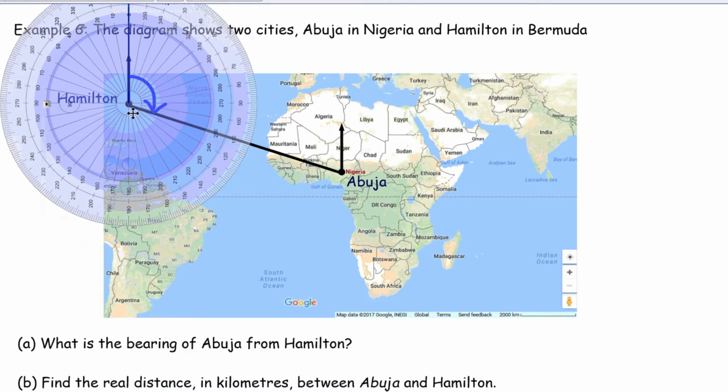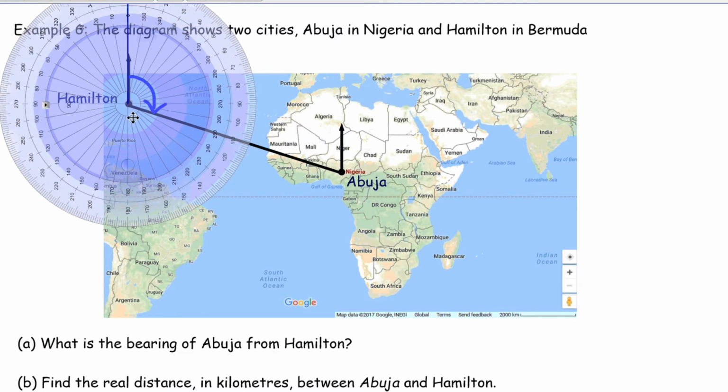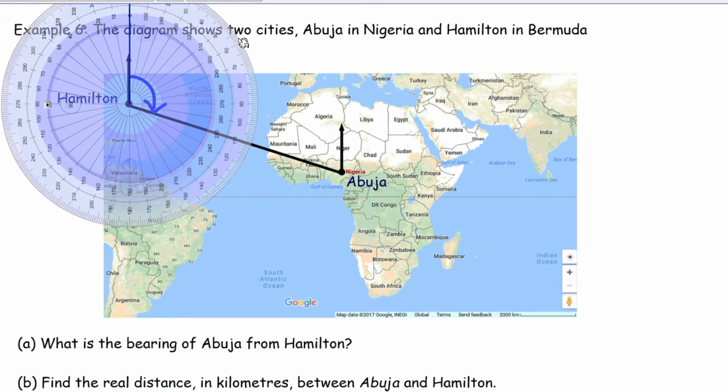And we can see that this angle is about, okay, it won't be exact, an estimate, about 110 degrees.